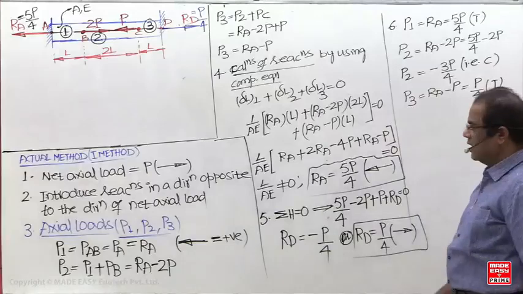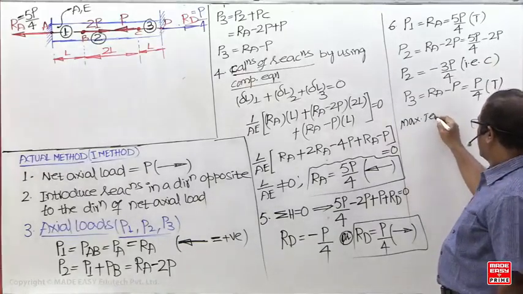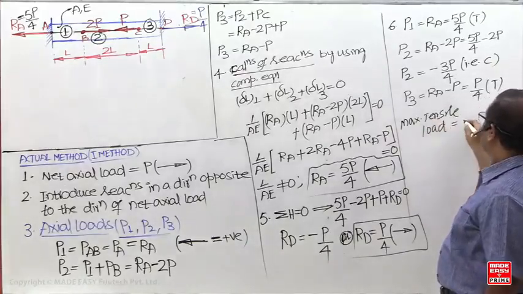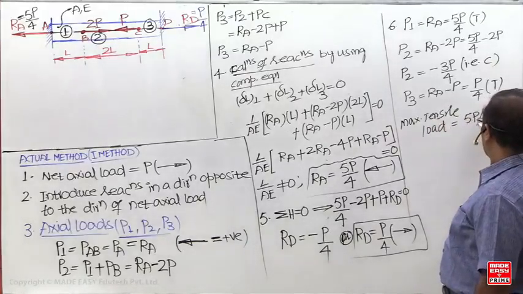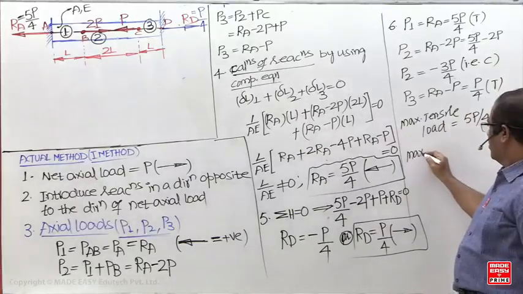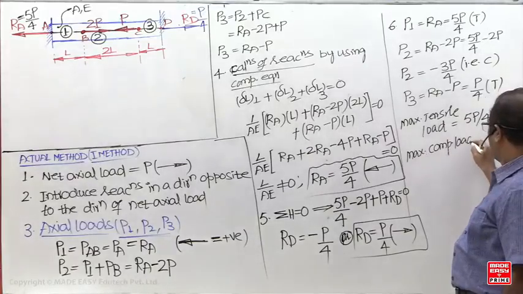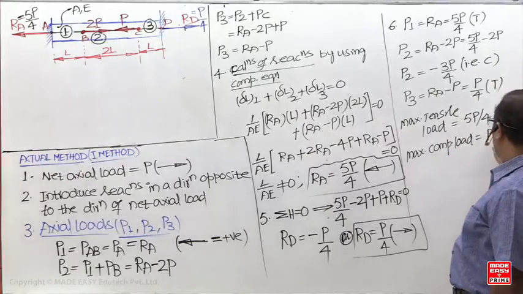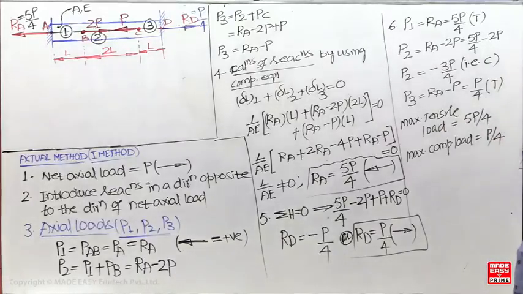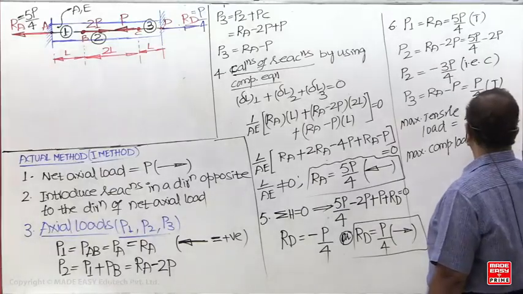Positive means tensile. So what is the maximum tensile load now? Five P by 4. Maximum compressive load is 3P by 4.